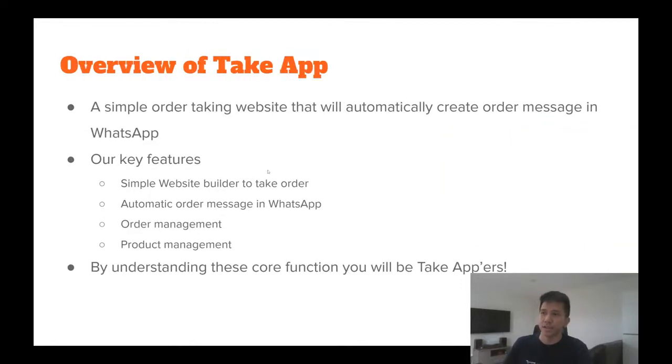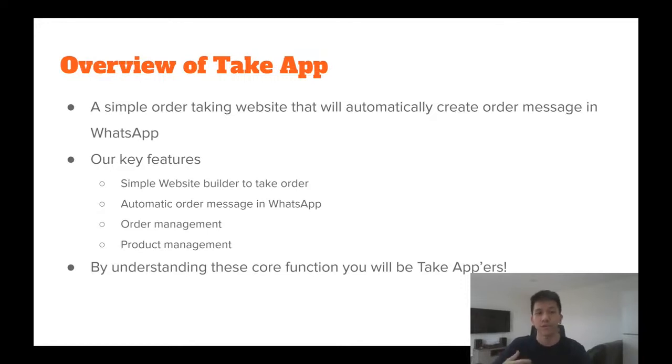So basically, what is Tech App? Most of you might have misunderstood that we are a WhatsApp order platform that actually lives in WhatsApp, but we are a simple order taking website. First you create a website, then the orders will be automatically generated in WhatsApp.